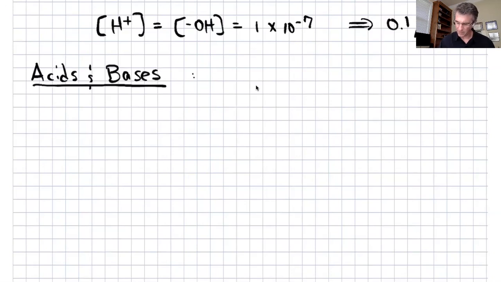Okay, and specifically when we're talking about acids, we're talking about Bronsted acids, not as distinct from Lewis acids, right? Okay, so you guys will remember there's a distinction, right?